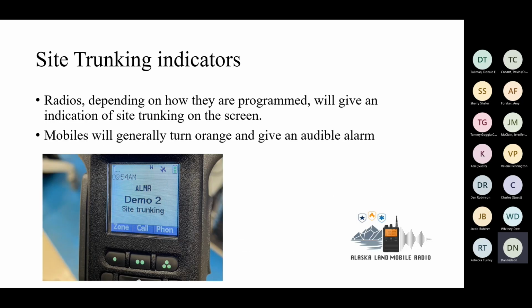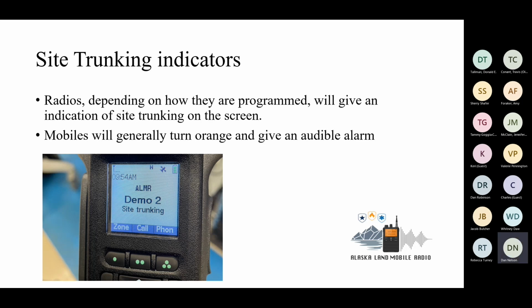This is a portable radio, and my indication here is the screen has changed to say site trunking. Some radios have an alarm, an actual beep that goes off about every minute or so. Mobile radios typically turn orange. This one doesn't, but depending how it's programmed, your responders may see they're in site trunking.